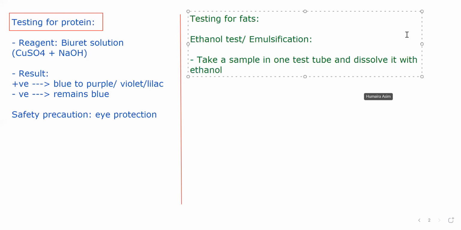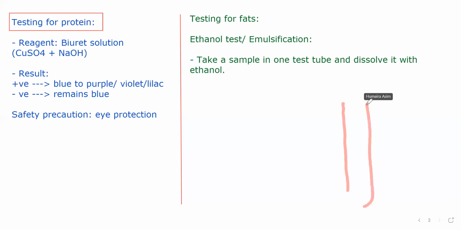What does it mean, dissolve it with ethanol? We already know that ethanol is a better solvent, right? So here I'm taking one test tube. Here I have the sample and ethanol, and I will dissolve it and it will be dissolved.